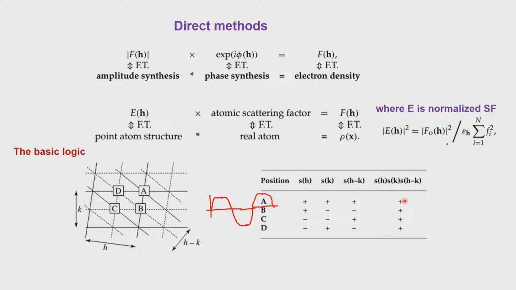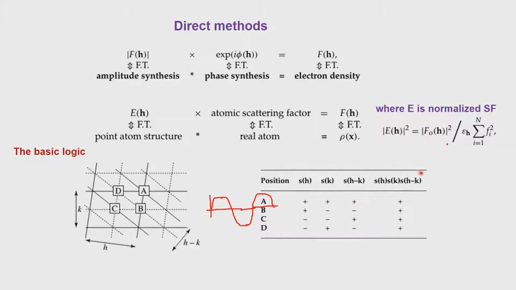When we have three very strongly diffracting planes which pass through either at the trough or at the crest through these points A, B, C, and D, where there is electron density, that means atoms are located at these positions. Then you will have the product of SH, SK, and SH minus K always positive. And one can associate a probability with this, and that is how direct methods are carried out.